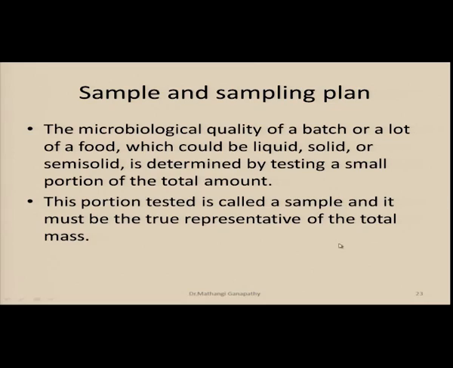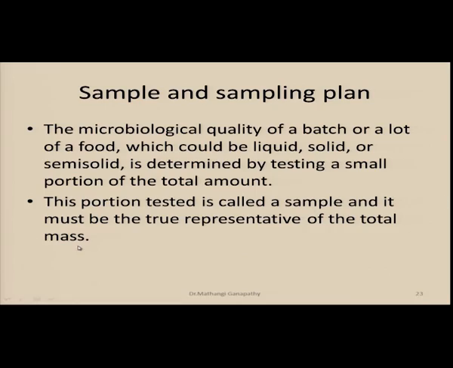Now, let us see the sample and the sampling plan, because this is the first step in your diagnostic tests. The microbiological quality of a batch or a lot of food, which could be liquid, solid or semi-solid, is determined by testing a small portion of the total amount.